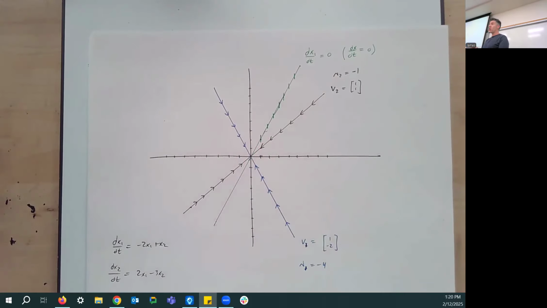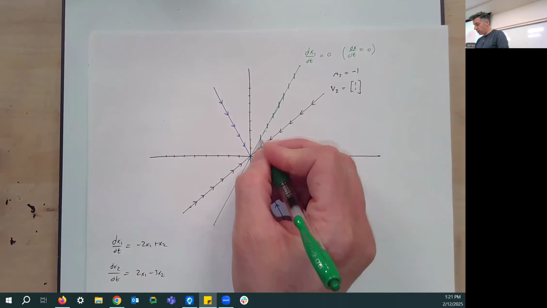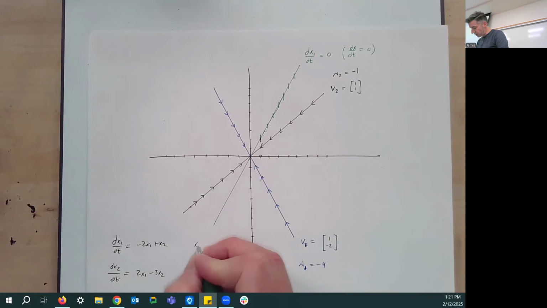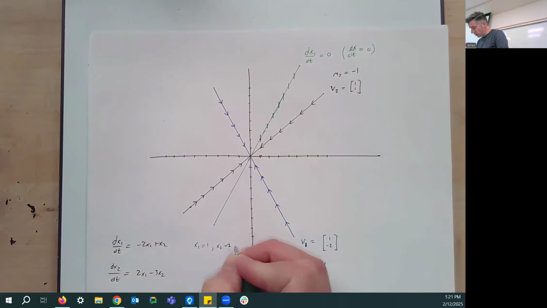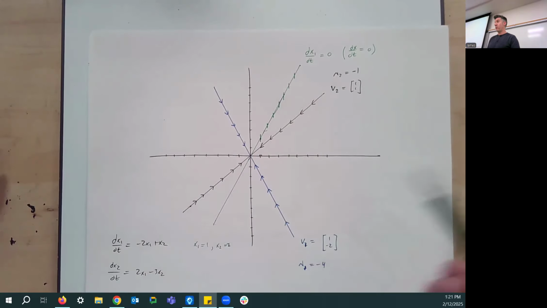But if you weren't sure, you could pick a point that was on the line. So if I pick, for example, the point 1, comma 2, I plug in x1 equal to 1, x2 equal to 2. Well, we know that dx1/dt should equal 0, because we're on the nullcline where dx1/dt is equal to 0. And that certainly works.